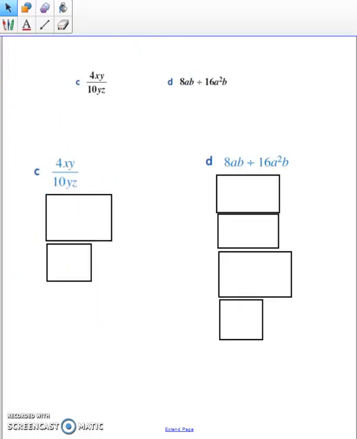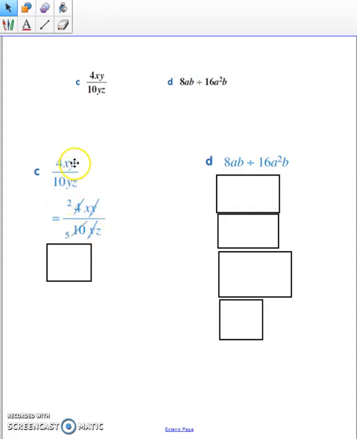Now for division. Division is the same sort of thing. We're working with the coefficients first, and then we work with the pronumerals. So for this one, 4 divided by 10, we can't do it evenly, so we need to find a multiple that goes into both. The easy one for this is 2. 2 goes into 4 twice, 2 goes into 10 five times, so we get 2 over 5.